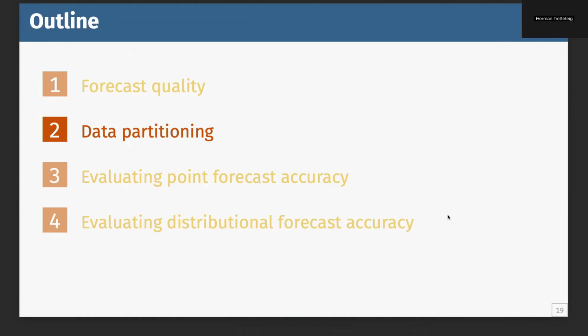And then I forget about the test part and pretend this is my future. So I split my historical time series into train and test, and I don't use the test part in my fitting and training. This will be my first time series.